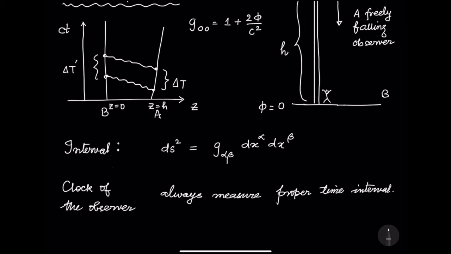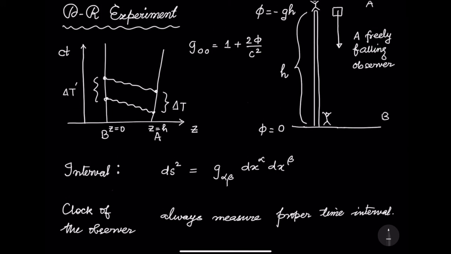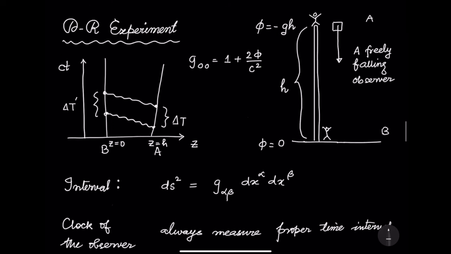The observer is falling freely. The observer with respect to himself goes nowhere. So always for that observer, the interval is completely time-like separated. So he will measure the proper time with his clock. The question is, what about the observer standing here?